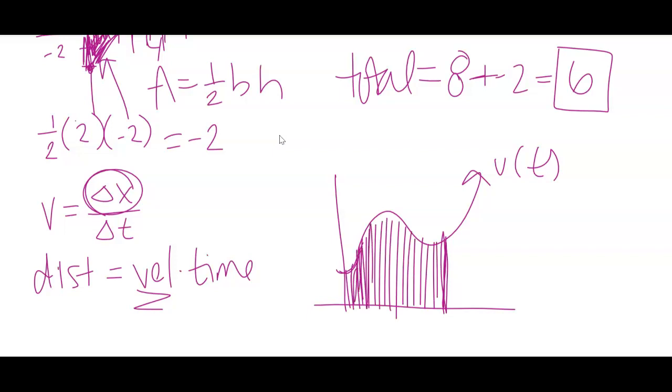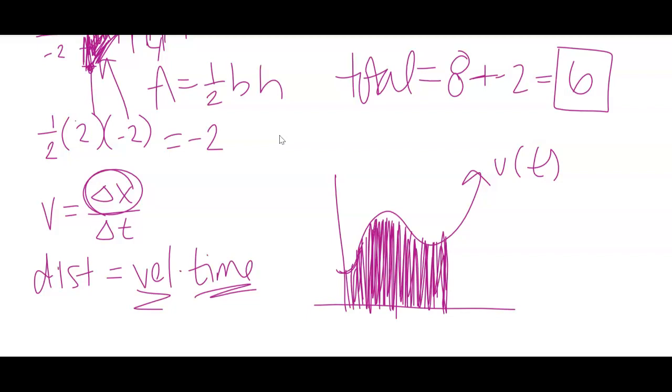Well, that's infinitely many of those, right? Because this time interval is a continuous time interval. We'll talk about some approximation methods as we go through this, but the concept would be that I could take each and every velocity, multiply it by its time, and then add all those up to find the distance.